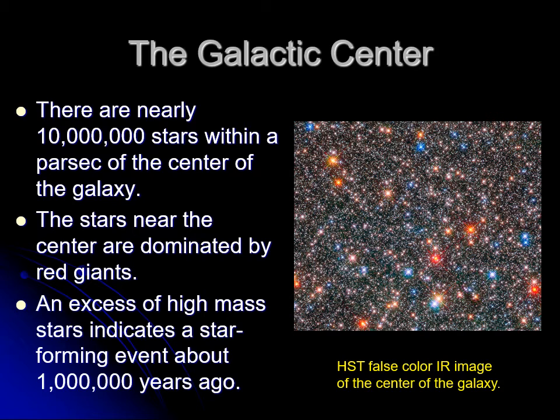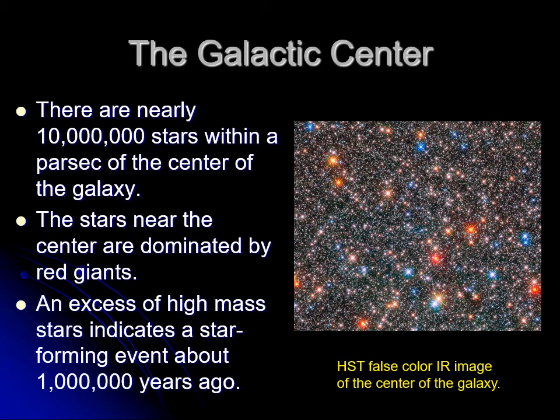In fact, looking into the center of the galaxy, all we see is mainly stars. And that's actually very important because there can be up to 10 million stars within a parsec of the center of the galaxy. Compare that to where we are, where the sun is, the nearest star to the sun is slightly over 1 parsec away.